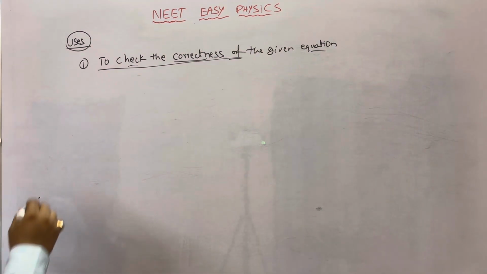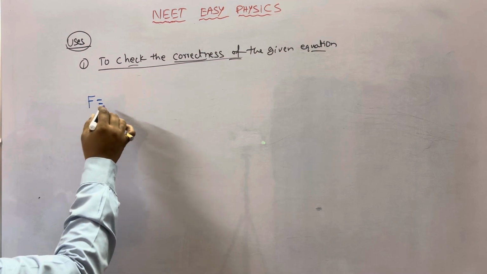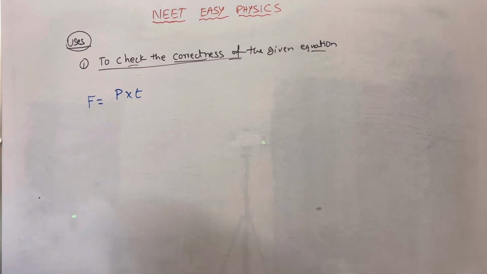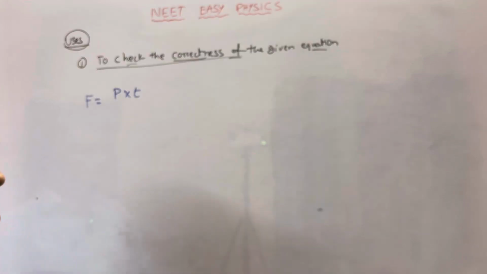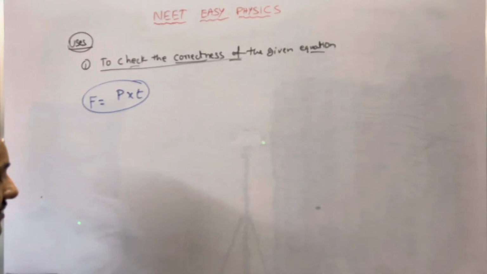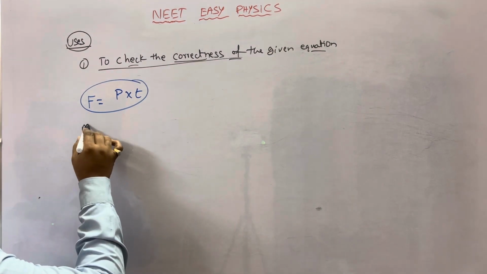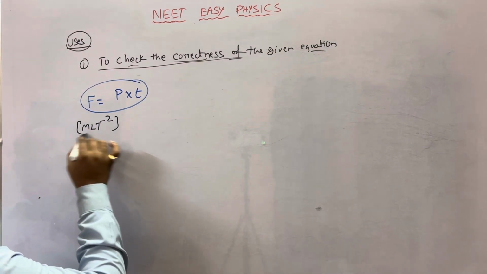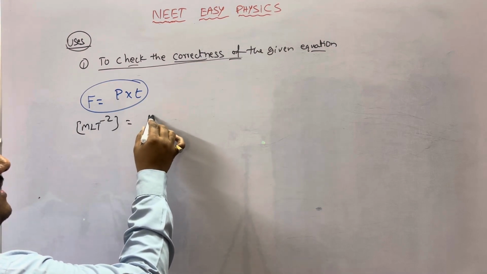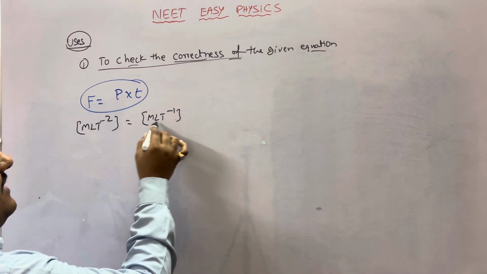Now I am giving another equation. Force is equal to momentum into time. Is this equation correct or wrong? Can we check? So force dimension formula is MLT power minus 2. This is LHS. What is momentum dimension formula? Momentum dimension formula is MLT power minus 1.